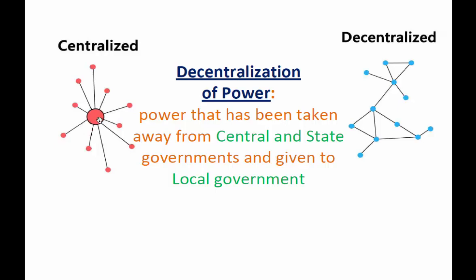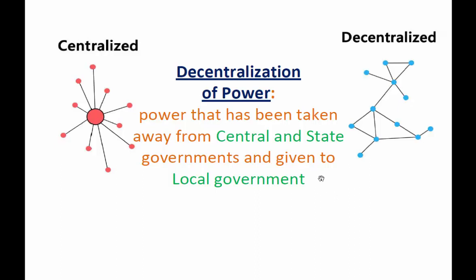All the powers are at the center itself, right? It works in the center itself. Whereas in decentralization, all the power has been vested or given to the local governments or to the smaller bodies. So this is all about decentralization of power, power that has been taken away from the central and state governments in India and given to the local government.